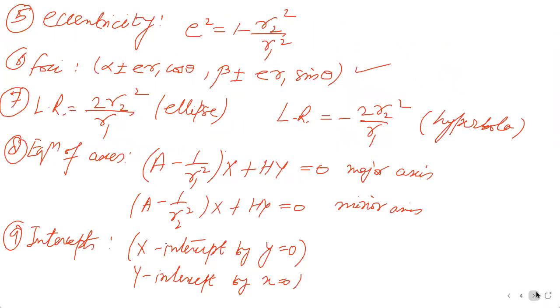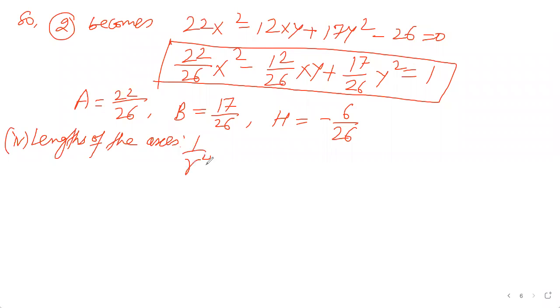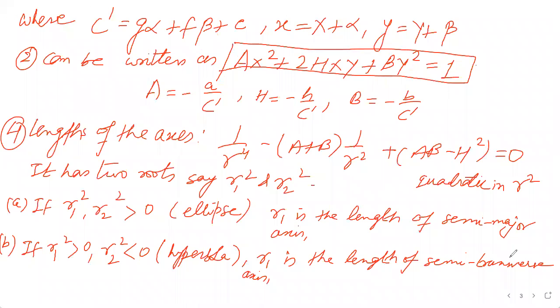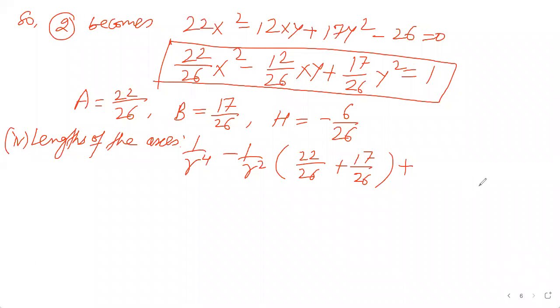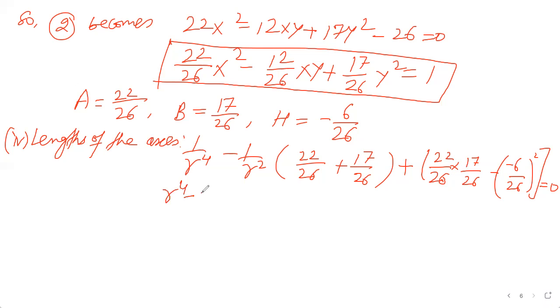So you have 1/r4 minus 1/r square times (a plus b) plus (ab minus h square), ab minus h square, whole square, is equal to 0. When you solve this, a polynomial will come: r4 minus 3r square plus 2 is equal to 0.